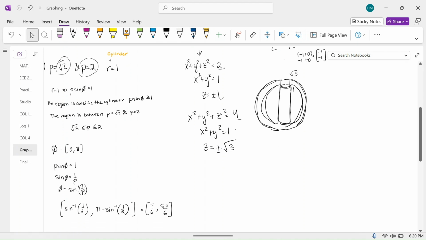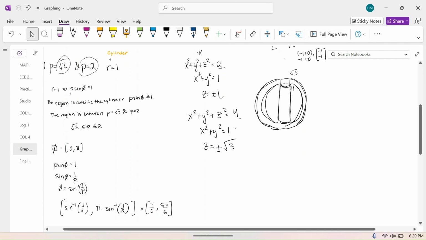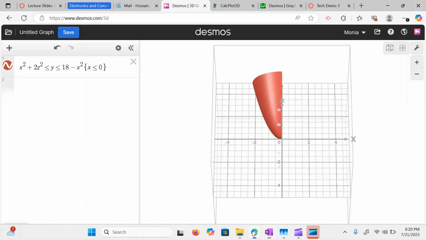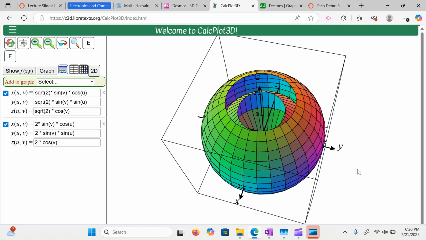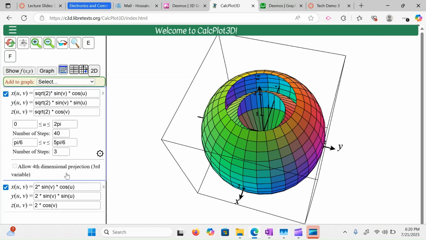So let me go to CalcPlot 3D. So I have the inner sphere, which is square root of 2, which we had our formula as rho times sine v times cosine u.